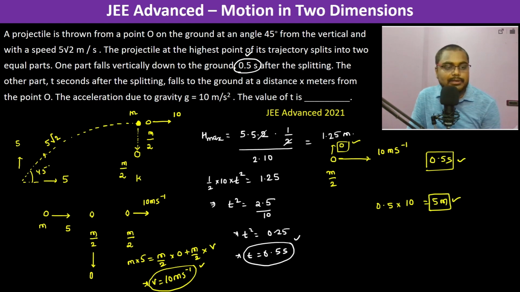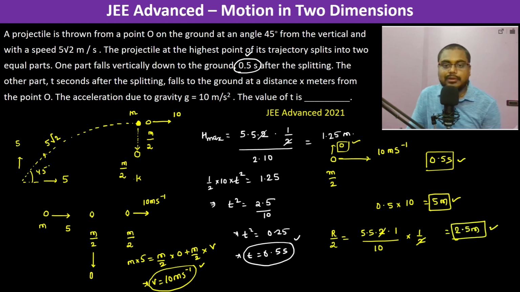Okay, so now how much has it already traveled? Let us calculate this. So it has traveled range by 2, which is u square sin 2 theta by g. So 5 into 5 into 2 into sin 2 theta, which is 1, by g, which is 10, into 1 by 2. So this is 2.5 meters.